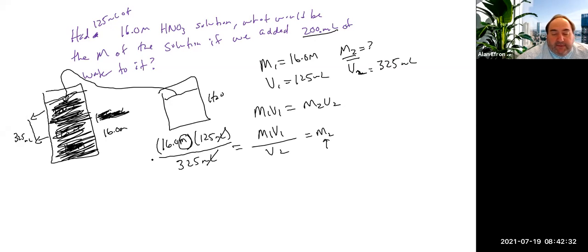That means we end up with 16 times 125 divided by 325, which gives us, we'll call it, 6.15 molar. So we see the concentration go down to 6.15 molar by doing this dilution. And again, our total volume is a result of the 125 milliliters we started with of the acid plus the 200 milliliters we added.